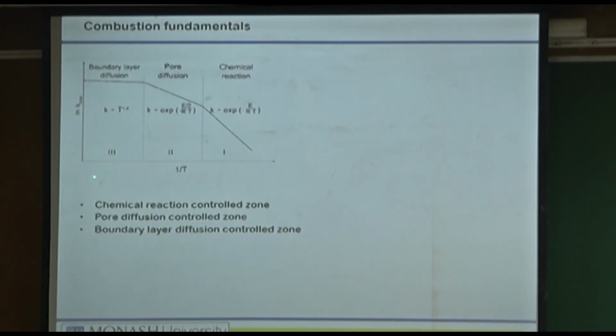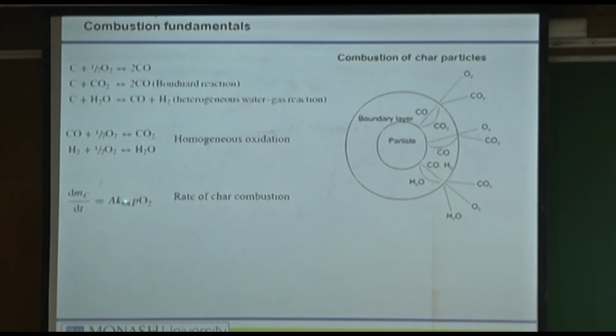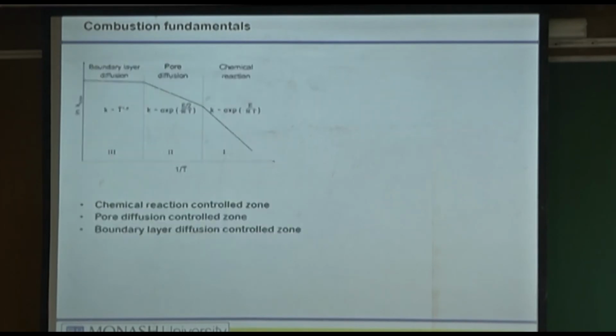So the point is, because char combustion reaction is so fast overall, all these 3 things happen in parallel. So the K total that we saw here is actually a combination of the K's coming from these 3 different regimes added together.